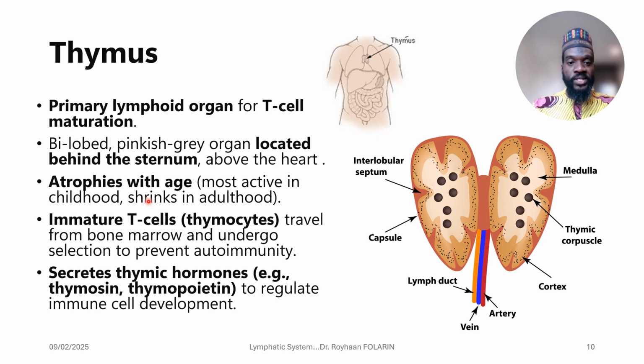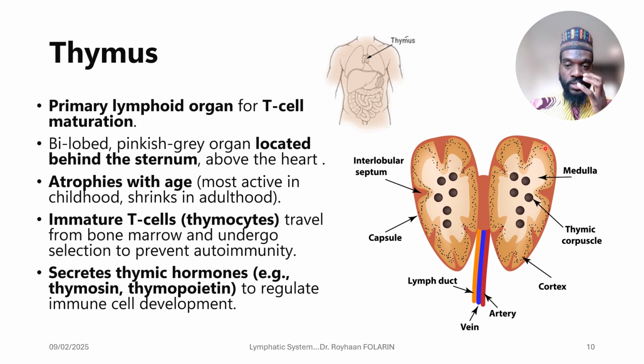So the thymus is another primary lymphoid organ, which is essential for the maturation of T lymphocytes that we just mentioned. It is situated behind the sternum, as you can appreciate here, and it's positioned above the heart. It's particularly active during childhood, ensuring that there is proper selection of immune cells.